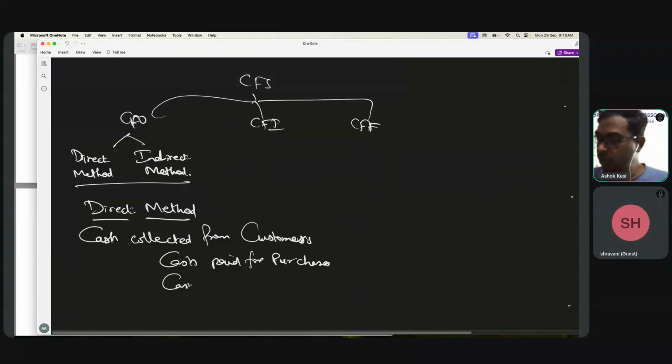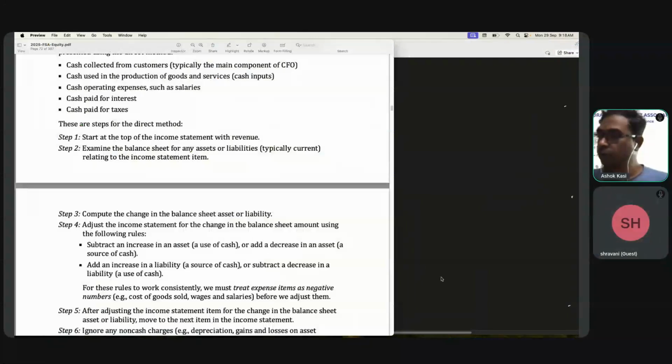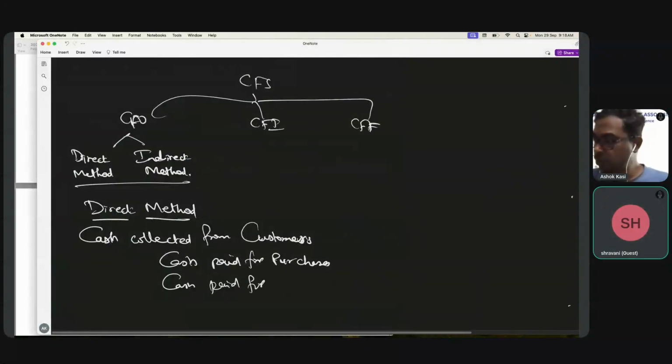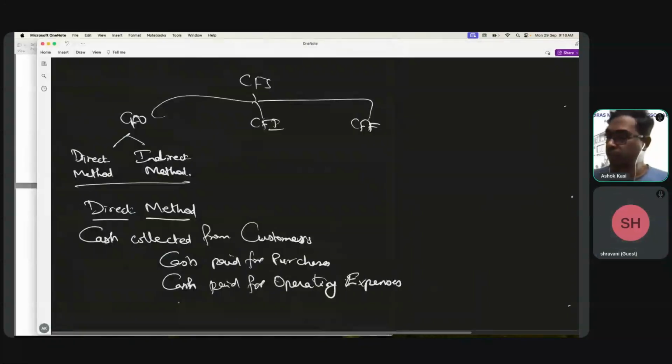Then cash paid for expenses. Then cash paid for interest.